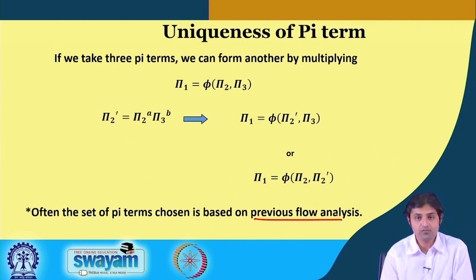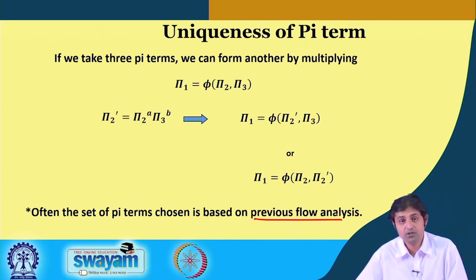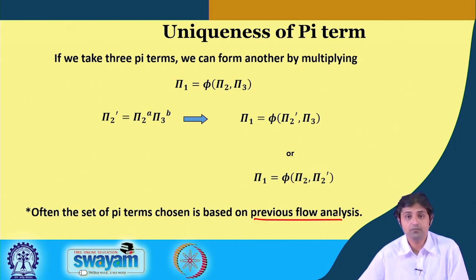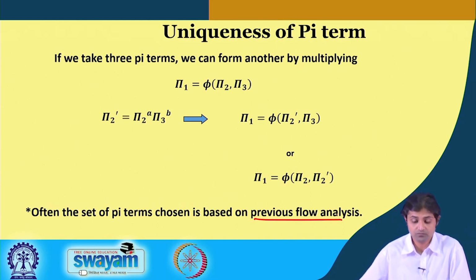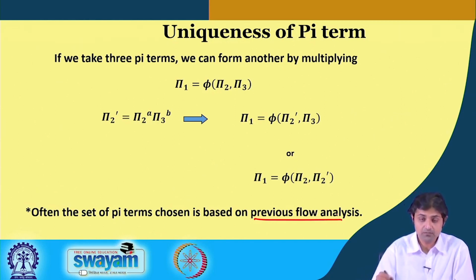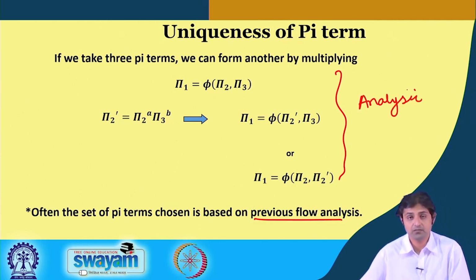What pi terms will come is generally chosen by the previous flow. When a flow comes, terms like Reynolds number and Froude number are very important, and because of those previous experiences, we try to modify our dimensionless pi terms using this analysis, multiplying with other dimensionless numbers, to obtain those well known sets of dimensionless pi terms.